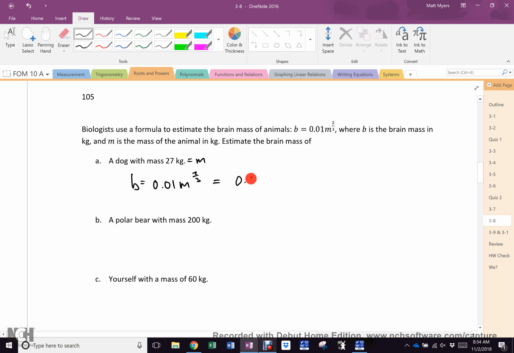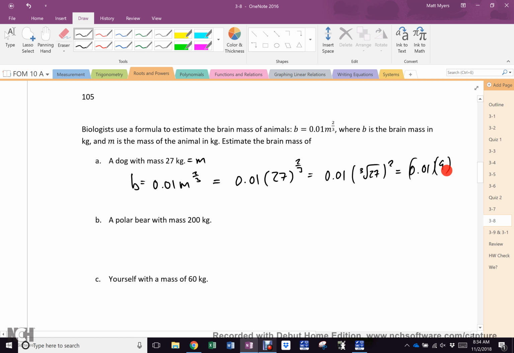That would be 0.01 times 27 to the 2/3, which would be 0.01 times the cube root of 27 squared, yes? What is the cube root of 27 squared? 3 squared. 9. 0.01 times 9. 2 decimal places.